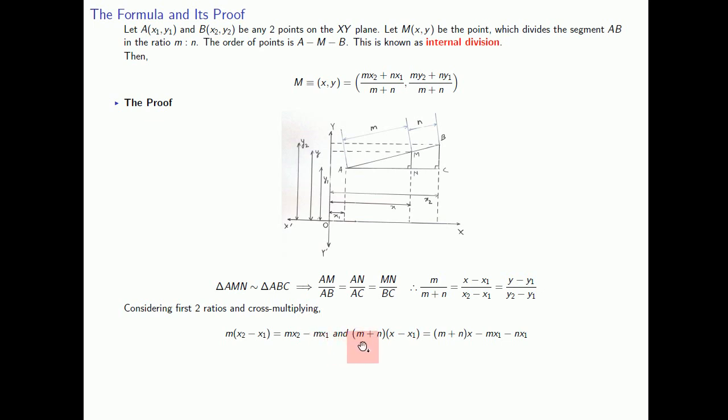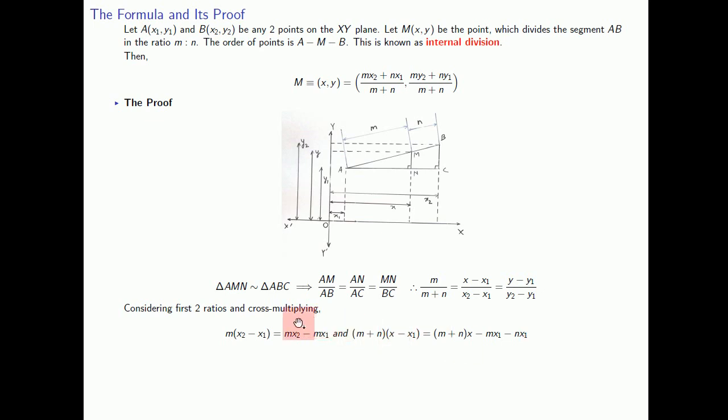And simplifying the RHS, you will get (m + n)x - mx1 - nx1. Now I have deliberately not multiplied m and n with x, and the reason will become clear soon.